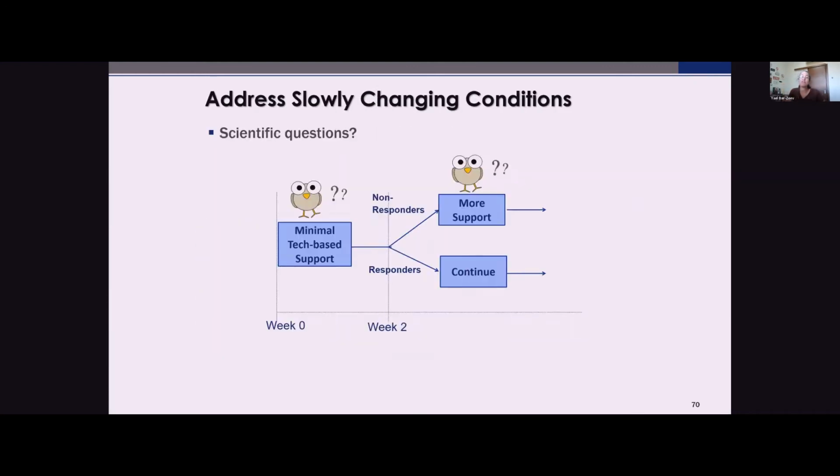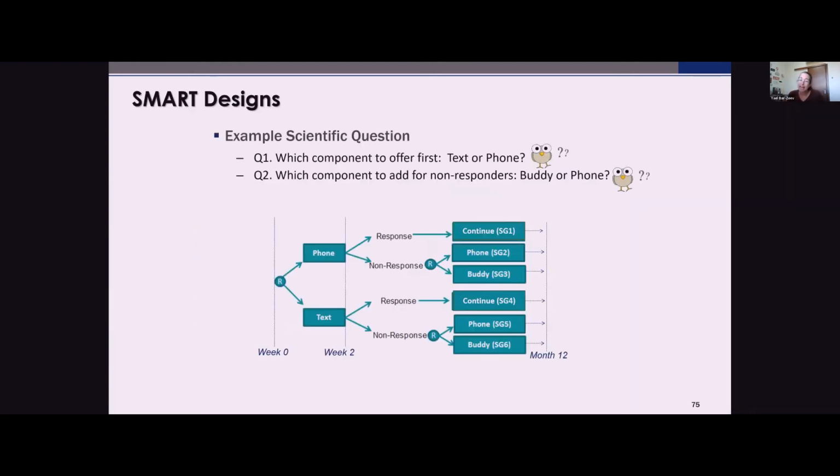And to me, especially for behavioral interventions, when a person gets one type of behavioral intervention, even if they don't completely respond to it, it's still changing maybe something.